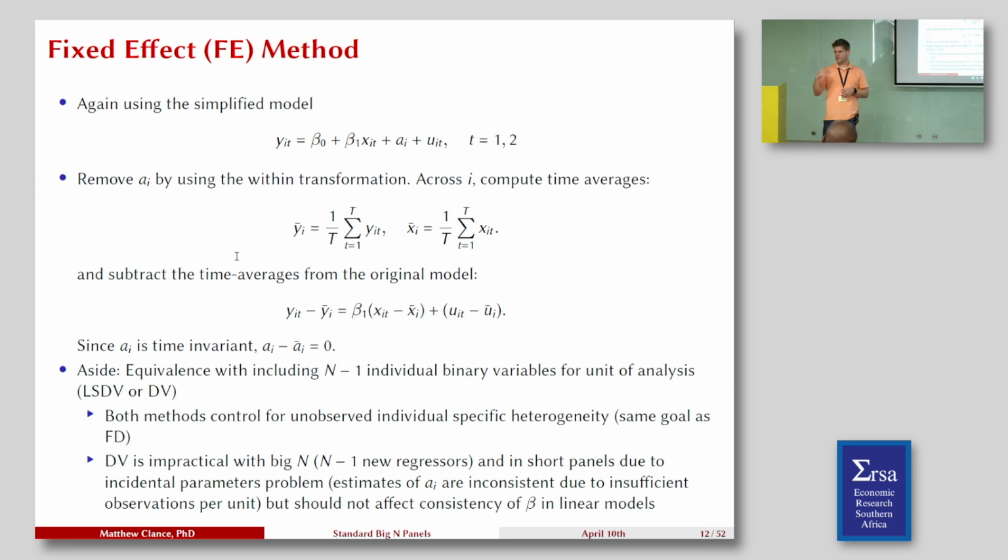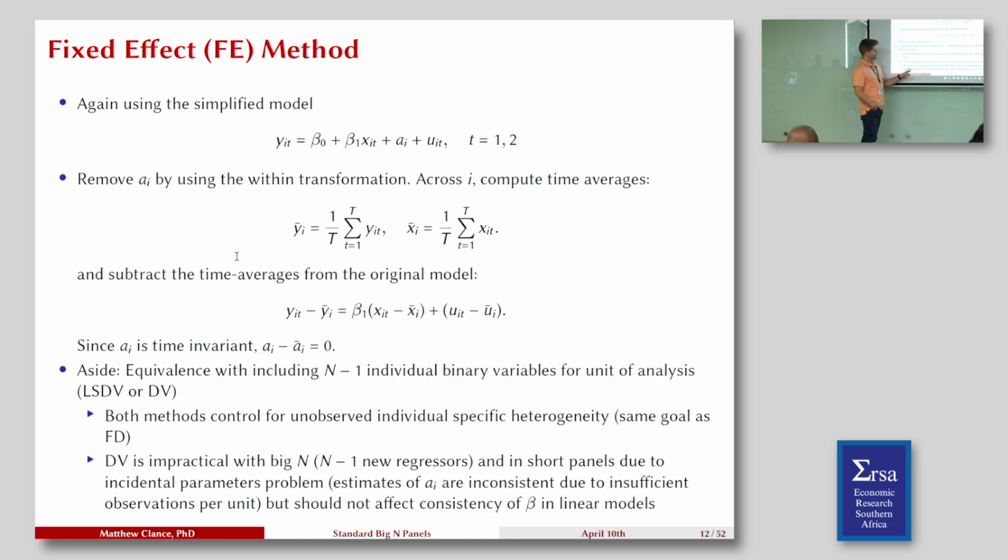Basically, our inability to have a consistent estimate of the incidental parameters leads to bias in the other parameters. Okay. So a lot of times this is where we have a little bit of issues, including this dummy variable approach.